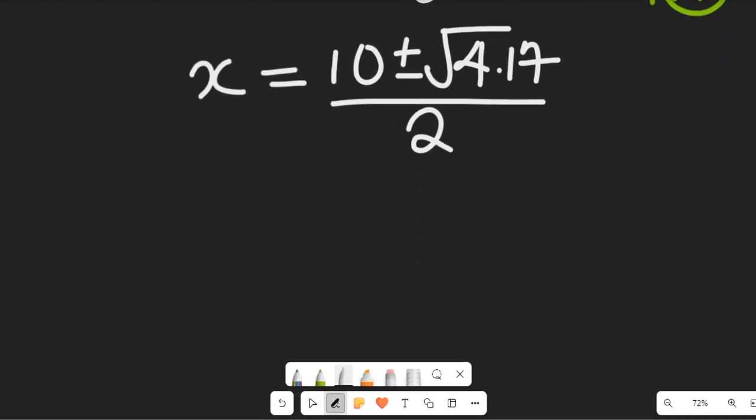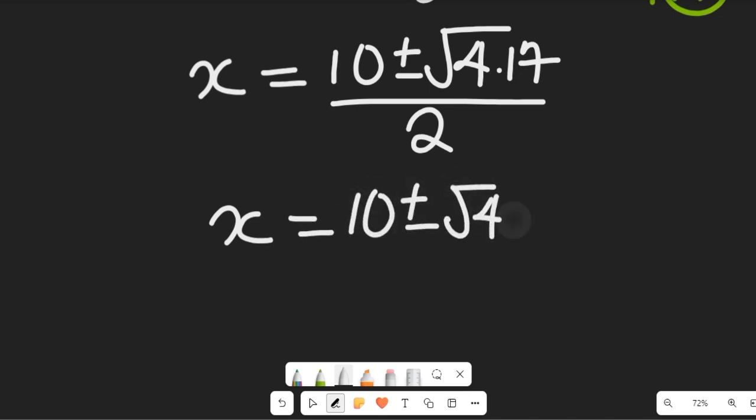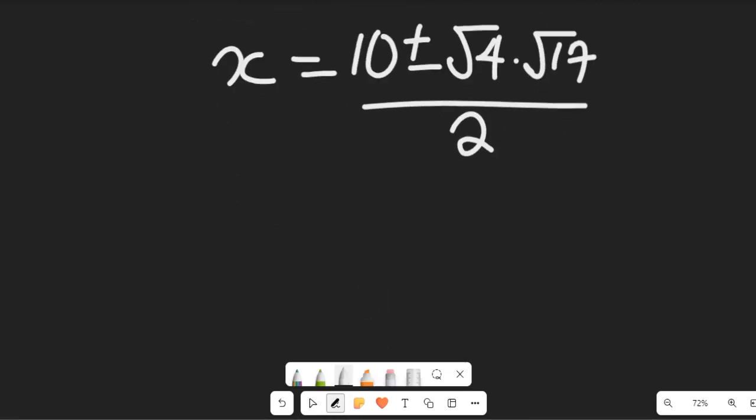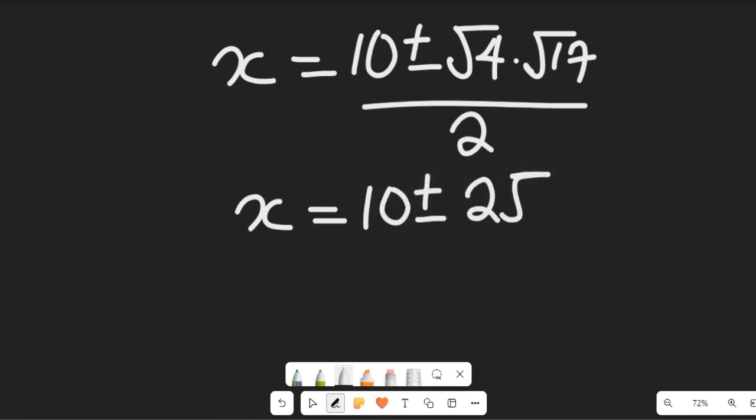So x will be equal to 10 plus or minus square root of 4 multiplied by square root of 17, divided by 2. And then that expression will give us x equal to 10 plus or minus 2 root 17, and this will be divided by 2.